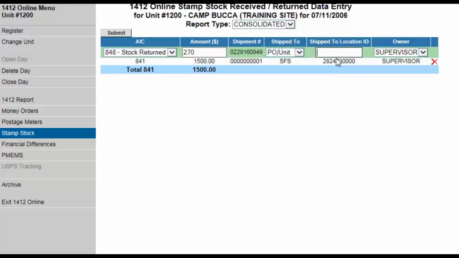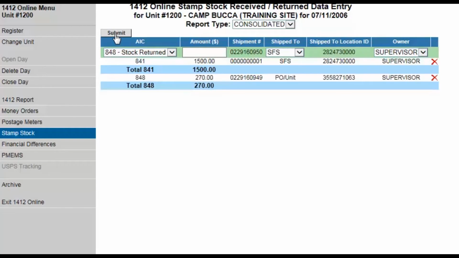So we are going to provide the 10-digit unit number, and because it is coming out of the supervisor stock, since the clerks sold the stamps, we're going to hit submit.